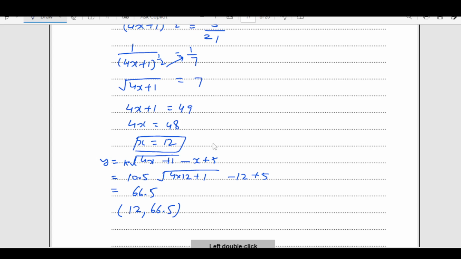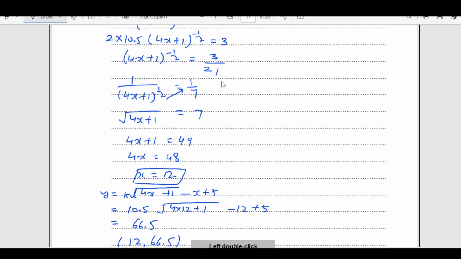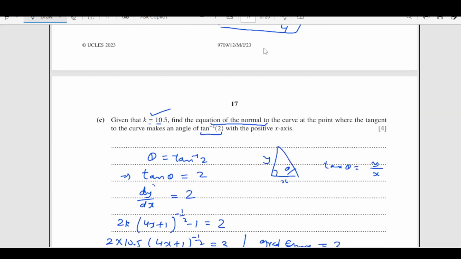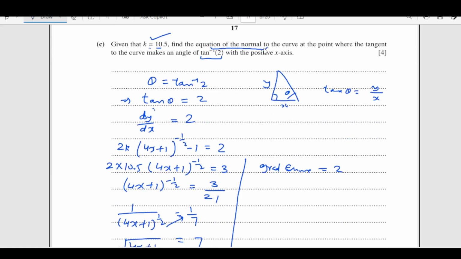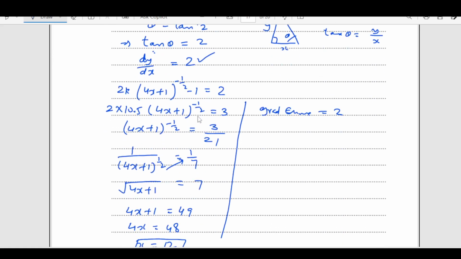So we are looking for the equation of the normal. As we have the gradient of the curve was 2, from here we had dy dx as 2, so the gradient is 2. So the gradient of the normal is going to be negative half. So the equation of the normal will be y minus y1 equals m into x minus x1.